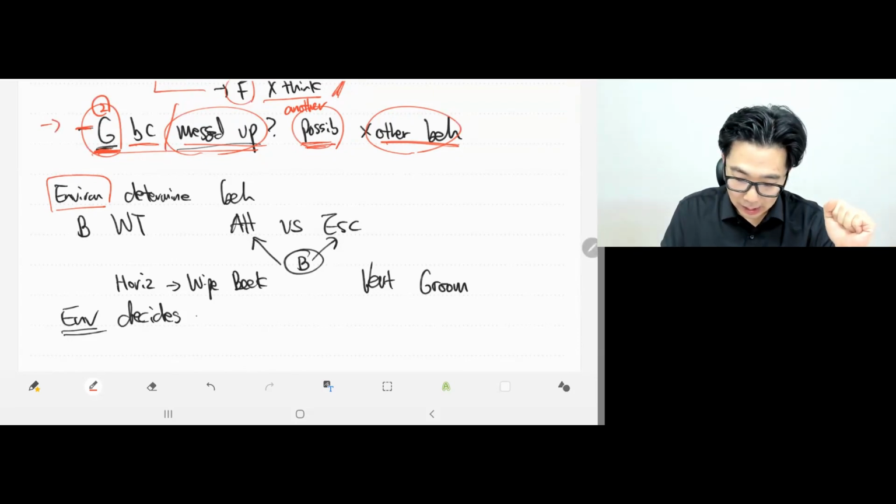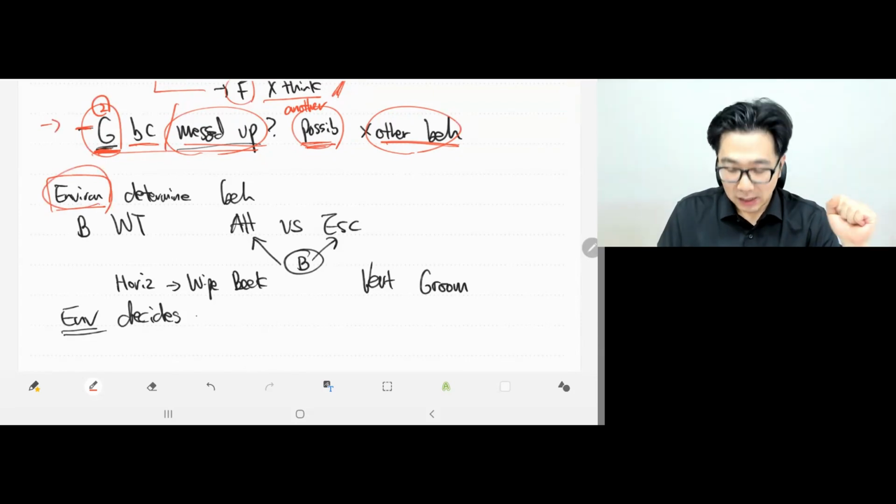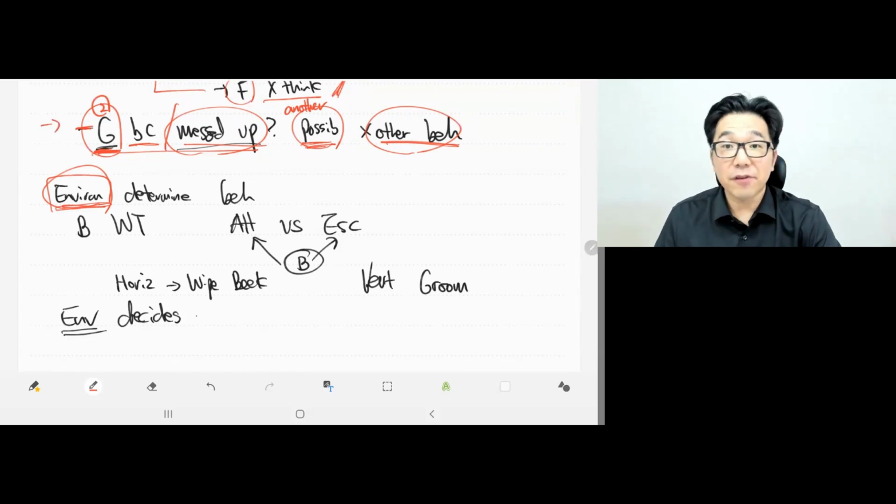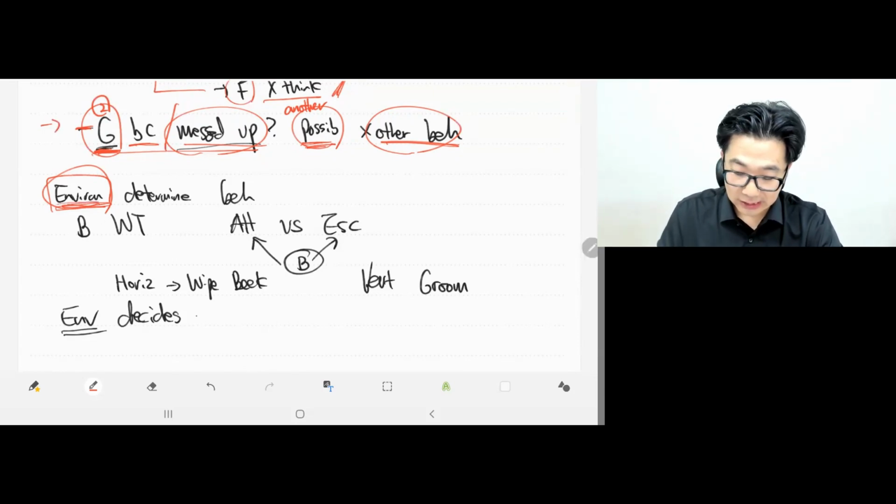Meaning, if I may paraphrase, environment actually influences animals' behavior. So it depends on the environment. Okay? All right? So this is the answer, depending on the environment.